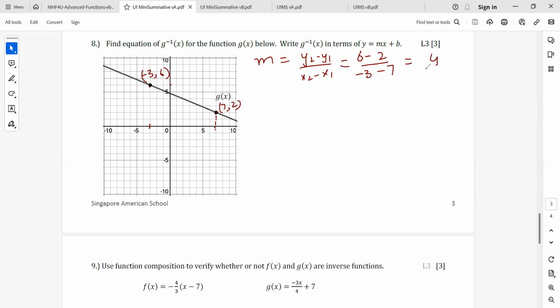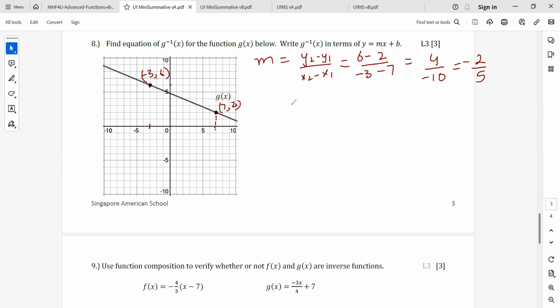So it's going to be 4 over -10, which is -2/5. Okay, the value of m is -2/5.